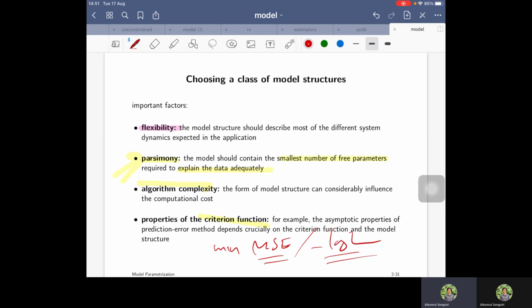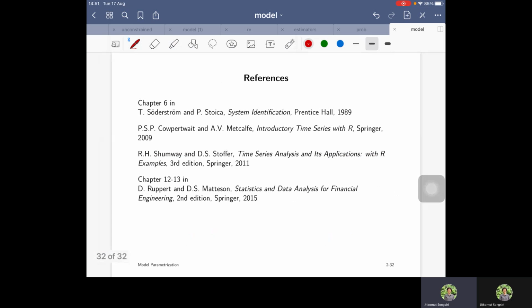So these are criterion functions. Those play a role in the algorithm applicable to solve the problem as well. We will come to the details of this when we talk about the estimation process. So I think that's all for the description of models in this chapter.